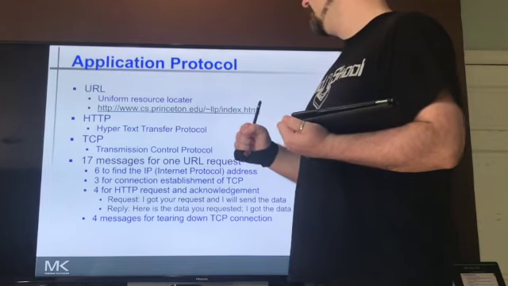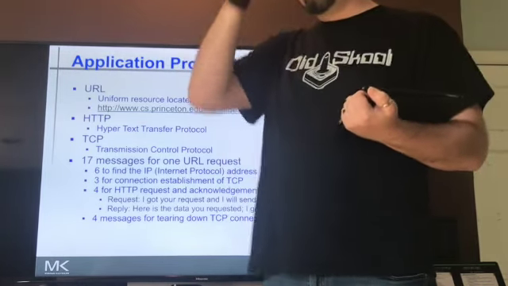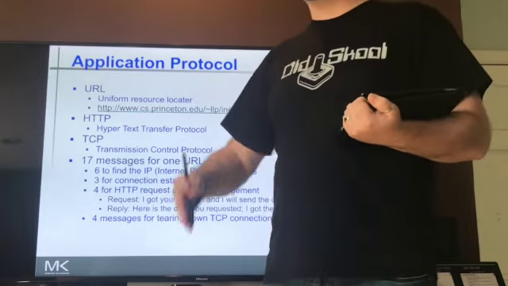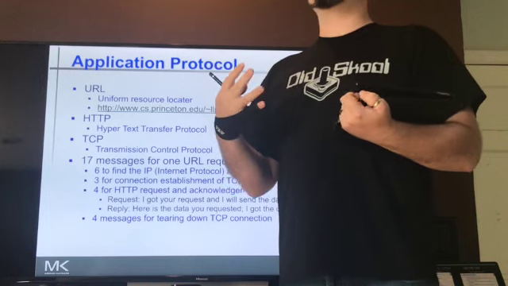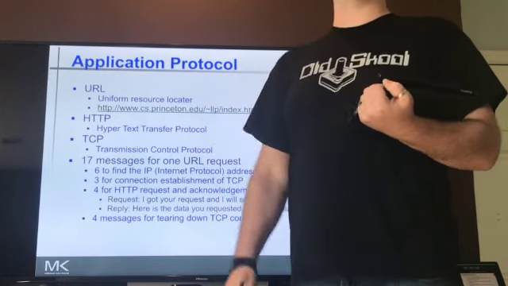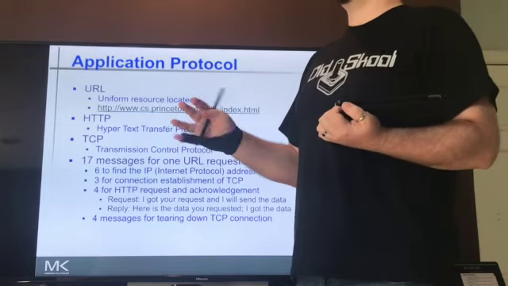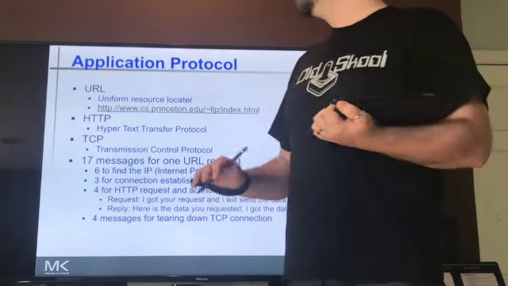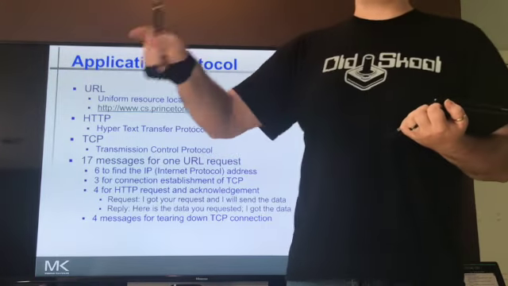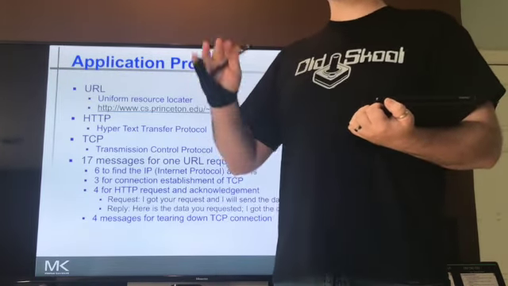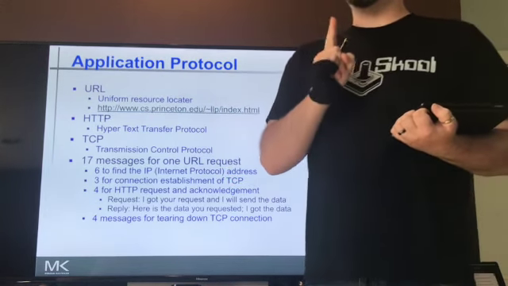But just to give you an idea of what it means to define a protocol at this level, whenever you are requesting a web page, there are at minimum, we'll say, 17 messages that get passed from your machine to some server in order to request one piece of one web page.